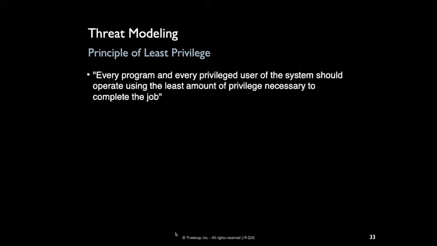So if I look at my application and I've got certain modules or components in my app, I have to think about what each one's job is and then determine if that component only has enough permissions and capabilities to do its job and no more. Again, we can't achieve perfection here, but that's what we're aiming for: the principle of least privilege.